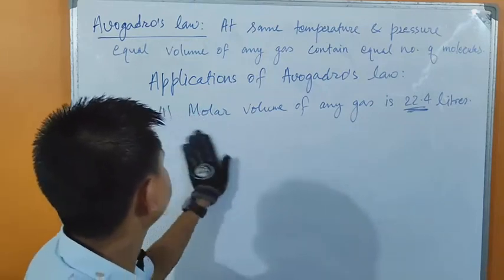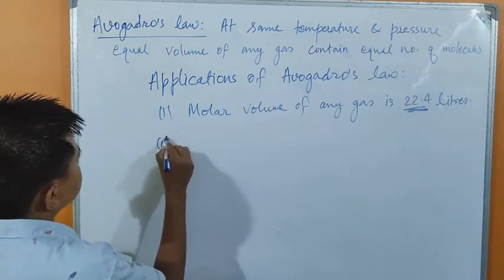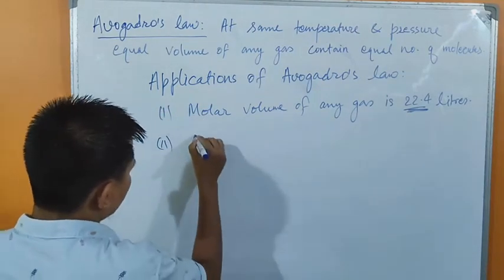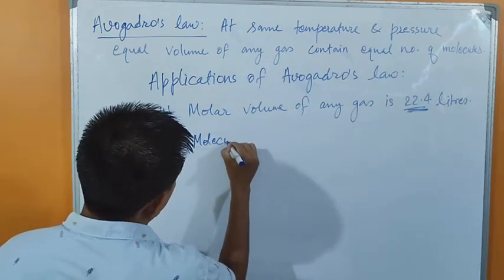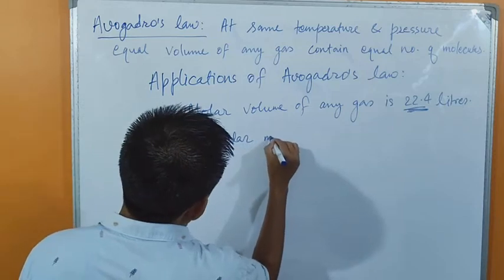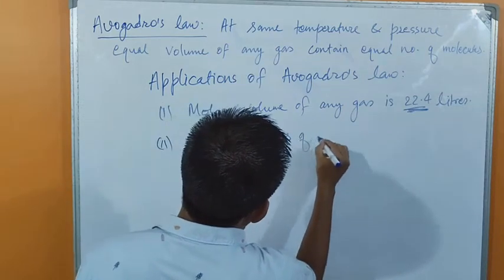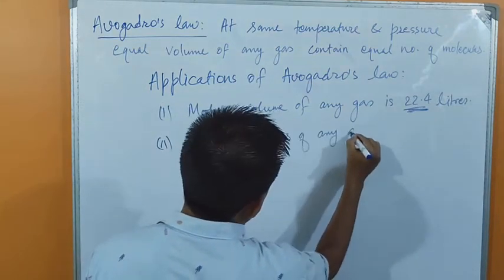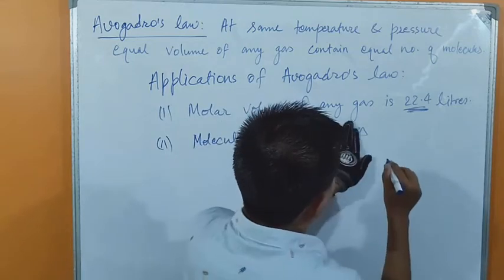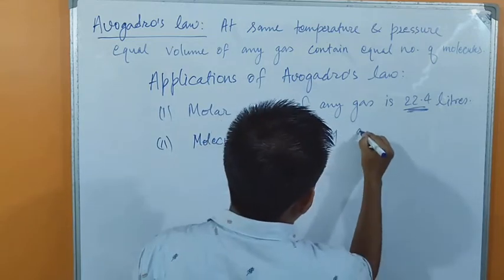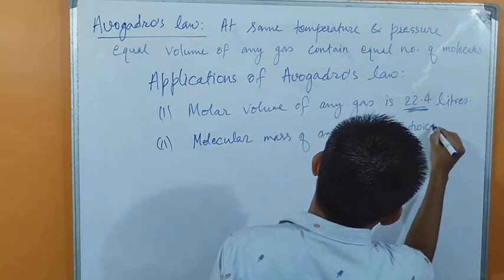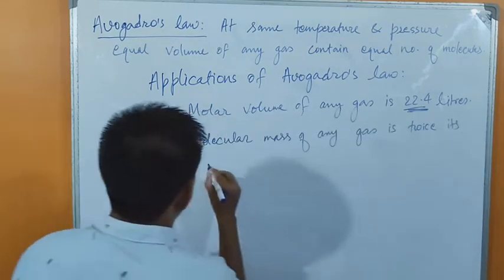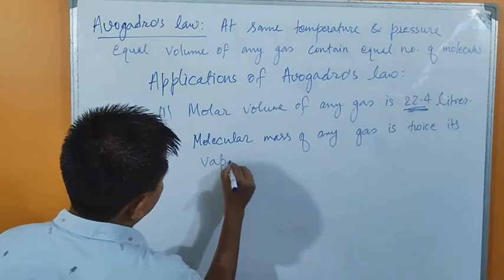And the second one: the molecular mass of any gas is twice its vapor density.